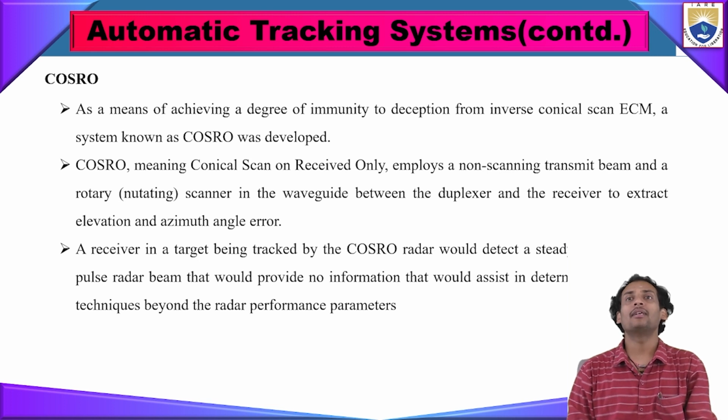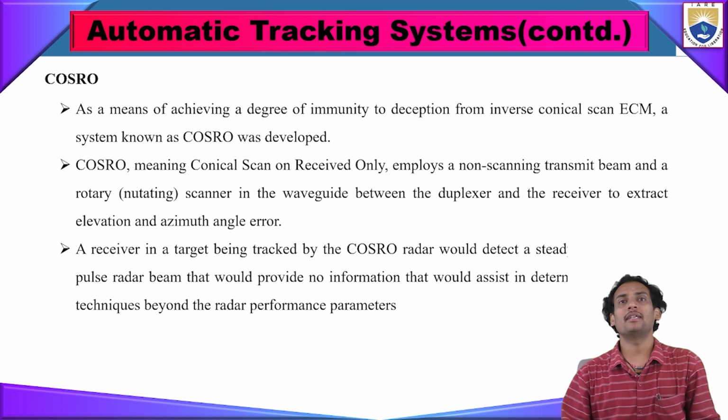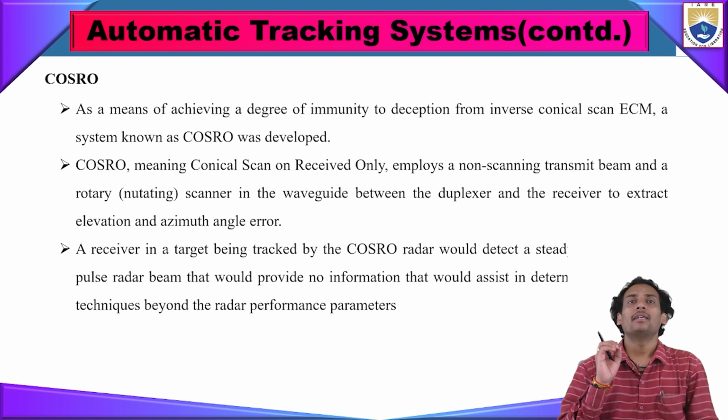It is a new kind of scanning that employs a non-scanning transmit beam and a rotary scanner in the waveguide between the duplexer and the receiver to extract the elevation and azimuth angle errors. With a non-scanning transmit beam, it tracks the errors between the azimuth and elevation angles, so that it exactly gives the positioning to the radar system and automatically adjusts.